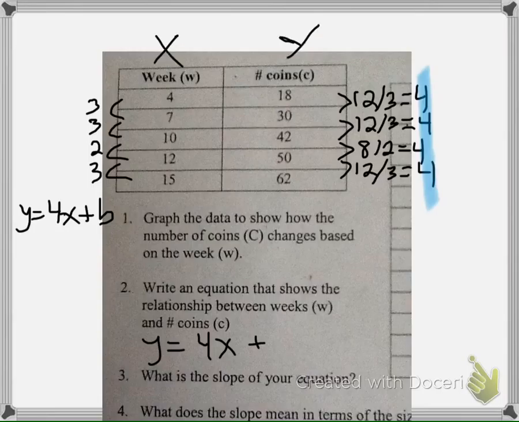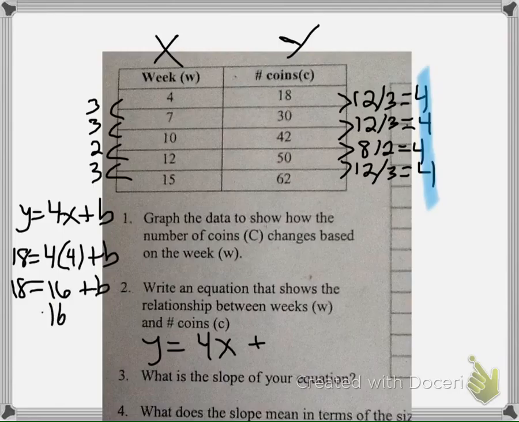So instead of y, I write 18 equals 4, instead of x, I write 4 plus b. Now I always do this first because multiplying. 4 times 4 is 16. And bring down my 18 and plus b. Subtract 16 on both sides. And I end up with 2 equals b. So my y-intercept is 2.